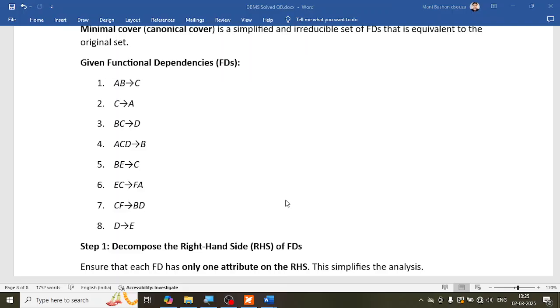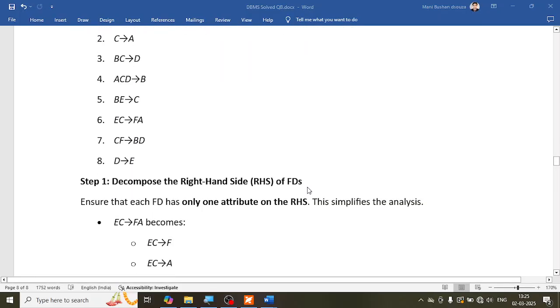So let us do that. The first thing that we are going to do is decompose the right hand side of the functional dependencies. We have two functional dependencies here that have two attributes on the right hand side. The end result is we must ensure that there is only one attribute on the right hand side.